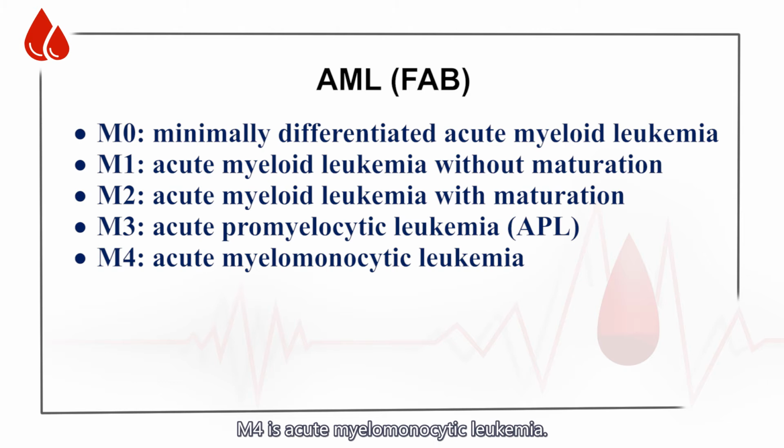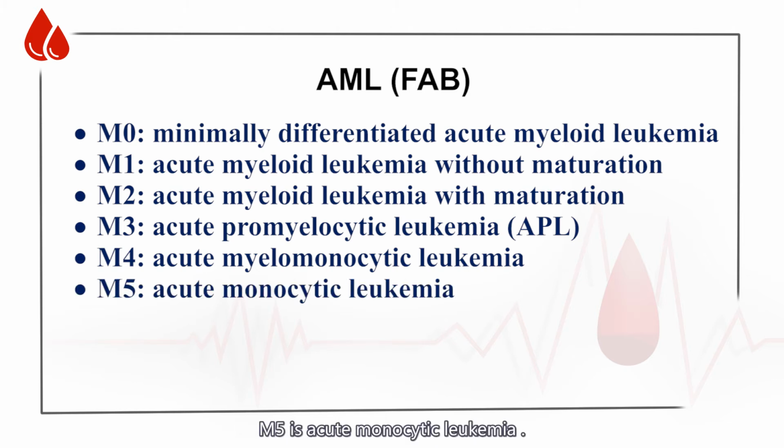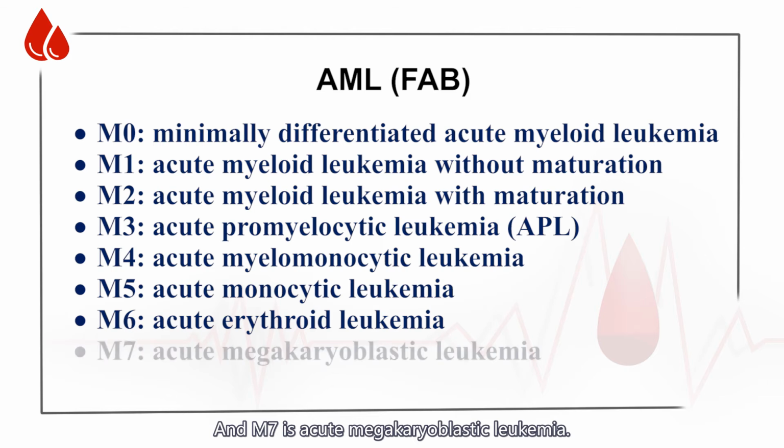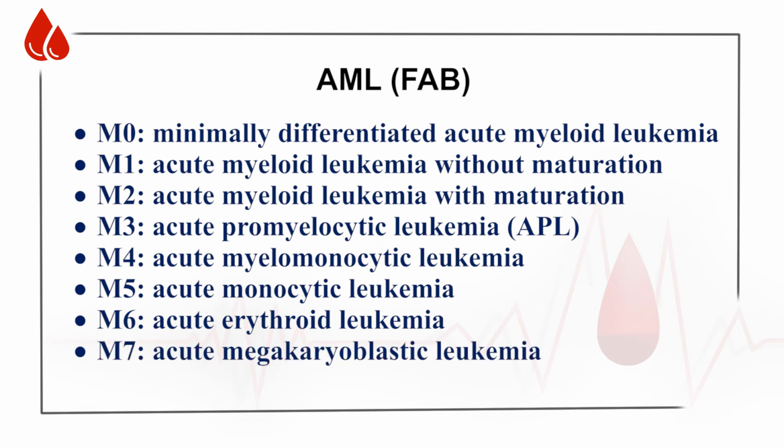M4 is acute myelomonocytic leukemia. M5 is acute monocytic leukemia. M6 is acute erythroid leukemia, and M7 is acute megakaryoblastic leukemia.